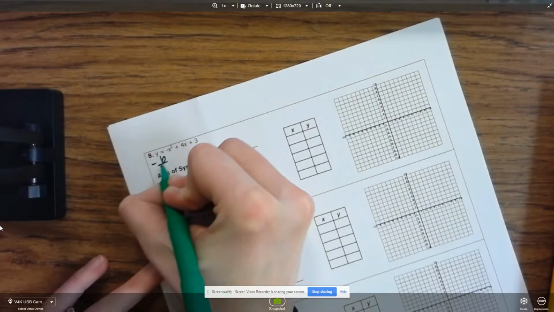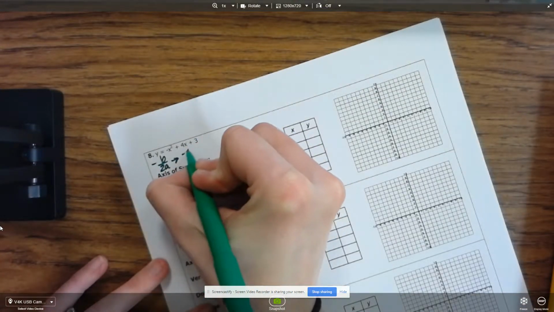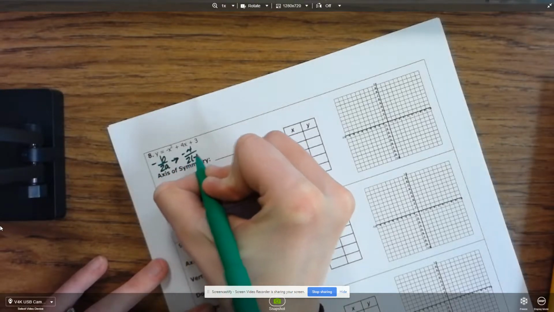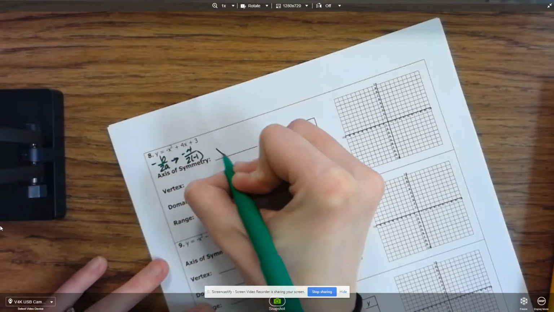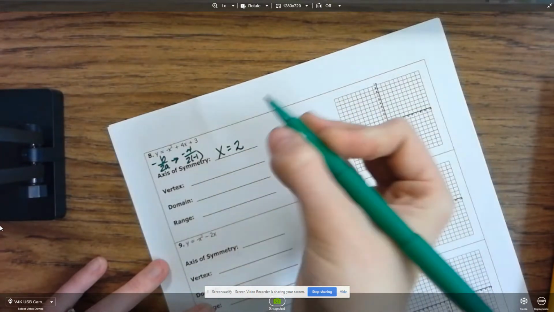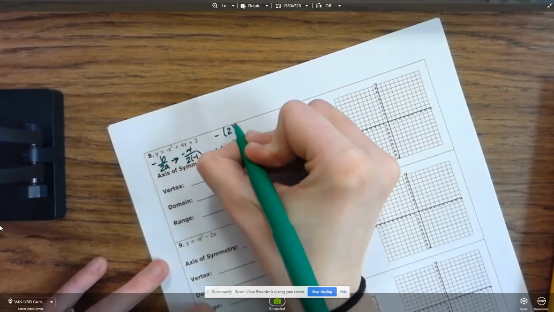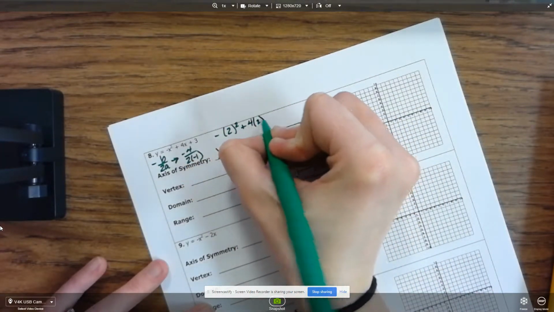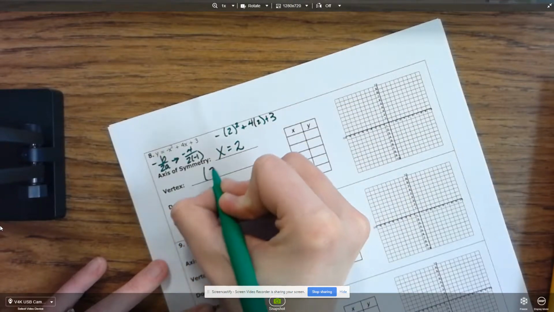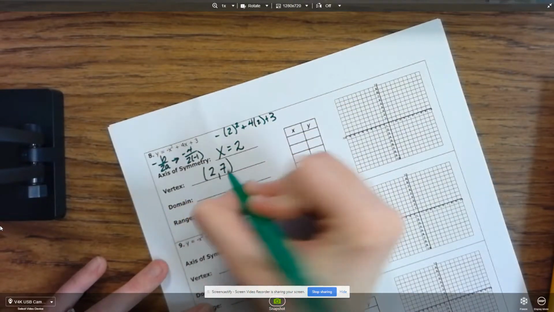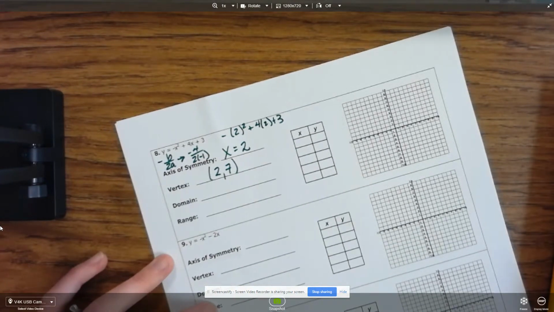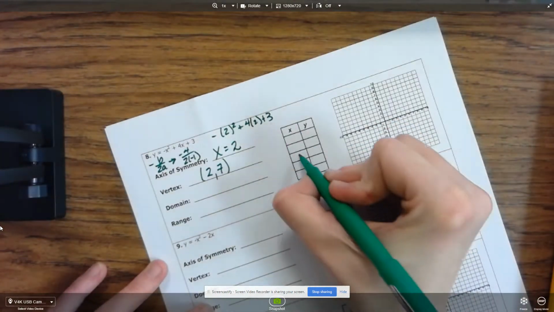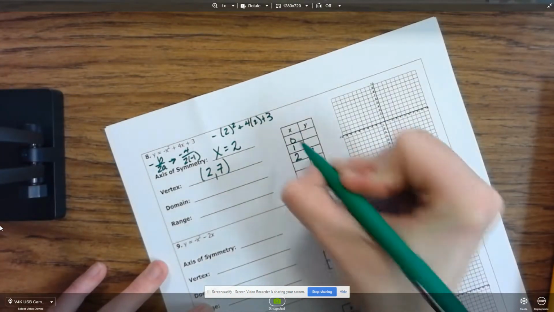Negative b divided by 2a would be negative 4 divided by 2 times negative 1, so my axis of symmetry is going to be 2. My vertex is going to be at (2, 7), and that's my starting point.